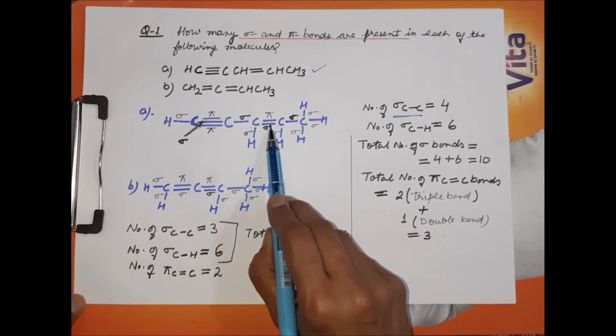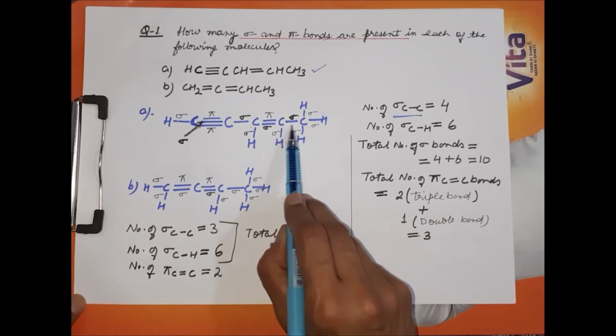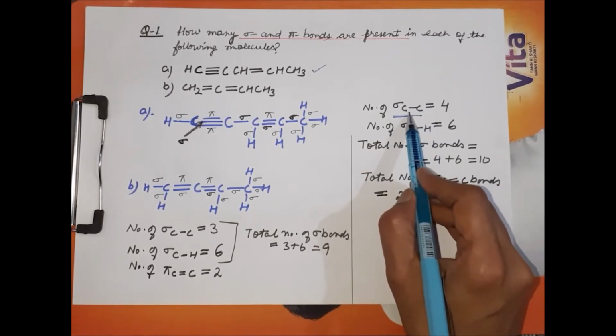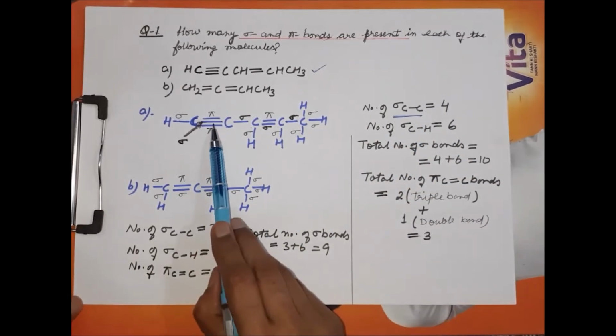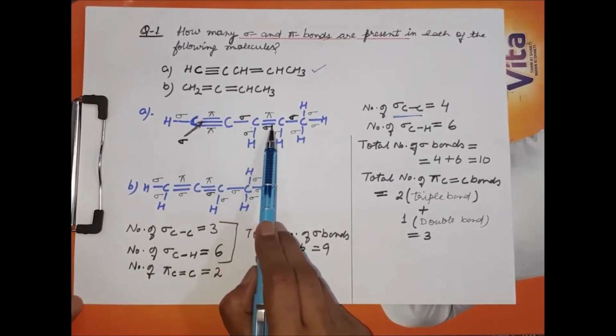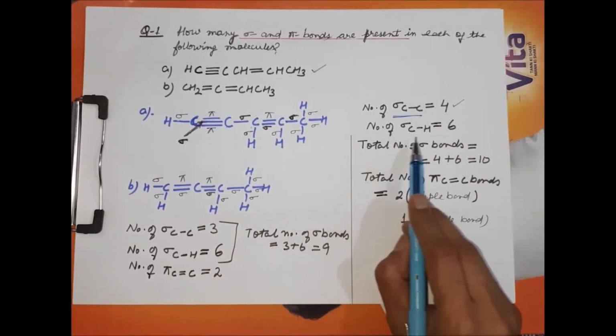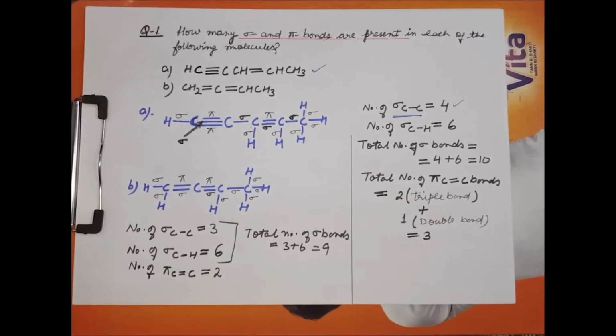So this is one sigma, and between this and this carbon, one sigma. So the number of sigma bonds between two carbon atoms is 1, 2, 3, 4. So this is 4. Number of sigma C-H: all the bonds between carbon and hydrogen are sigma bonds.